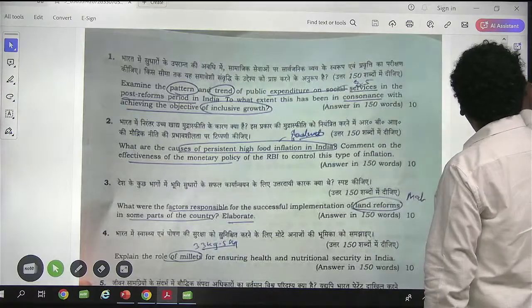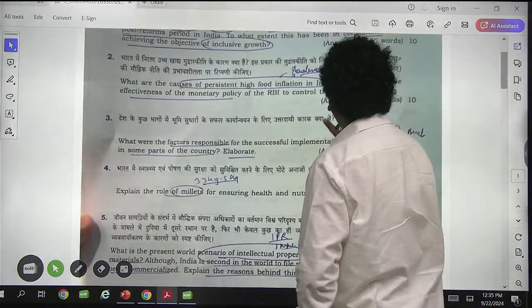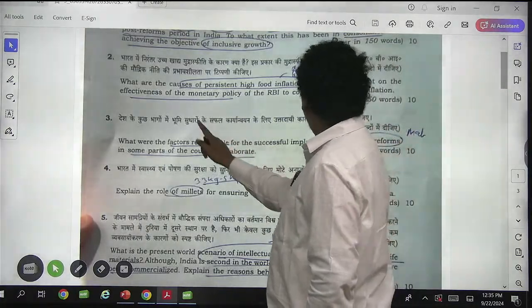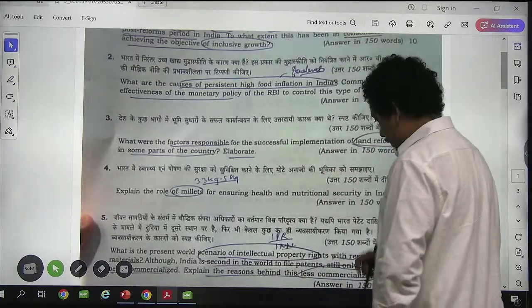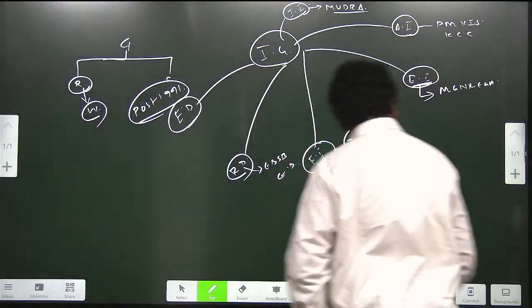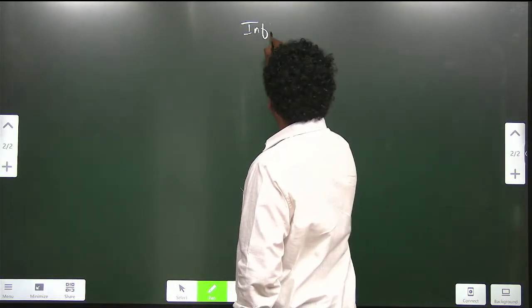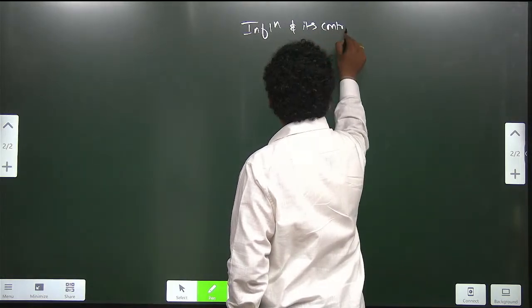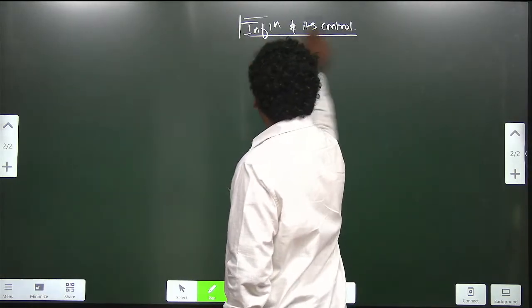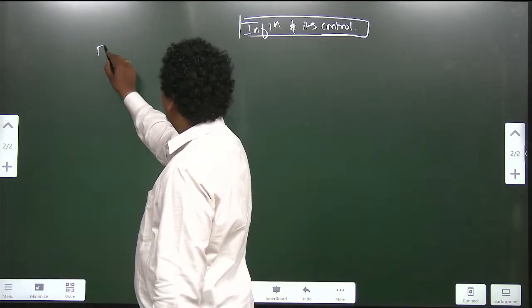If you observe the next question, what are the causes of persistent high food inflation in India? Comment on the effectiveness of the monetary policy of RBI to control this type of inflation. Inflation and its control, just understand. Basically, they have tried to touch the concept of food inflation.